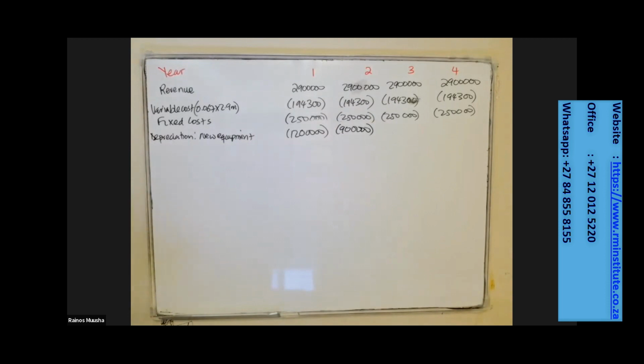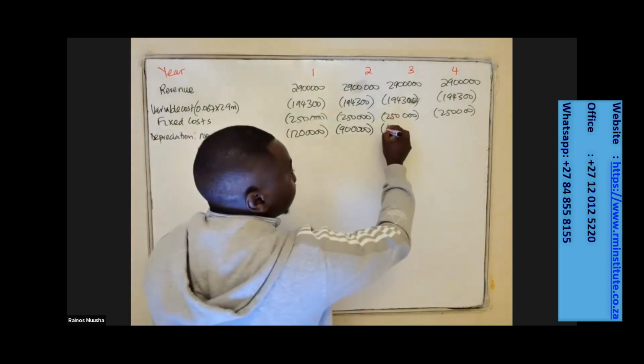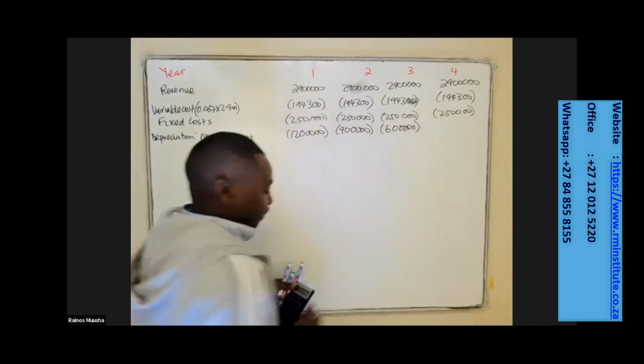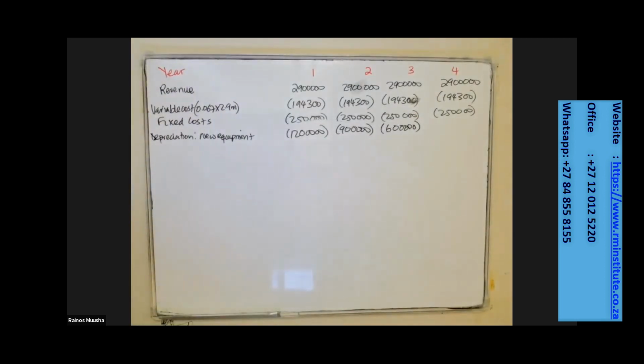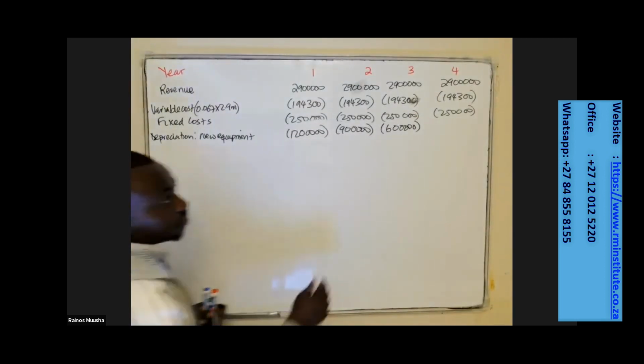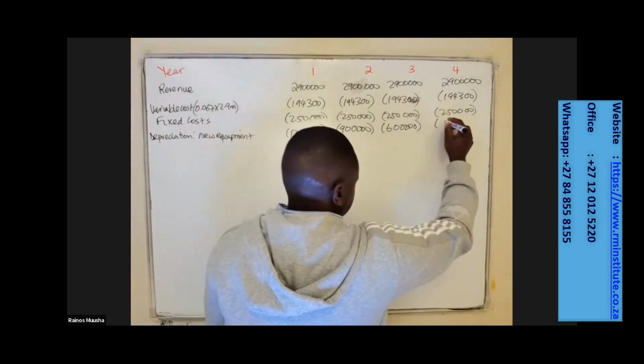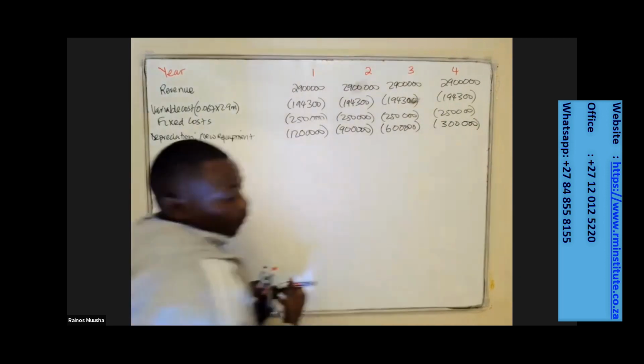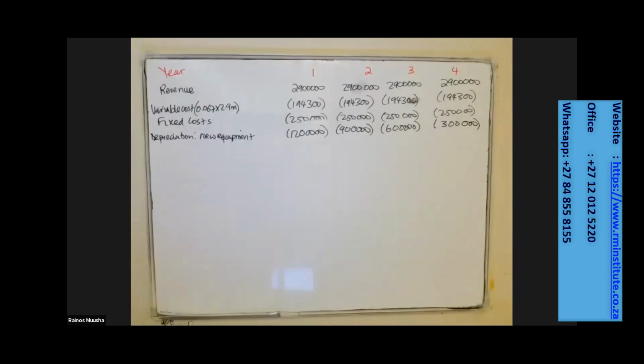And then 20% of the 3 million is going to be the depreciation for the third year. And then 10% of the 3 million is going to be the depreciation for the fourth year. Are we on the same page? Are we together? Yes. All right.